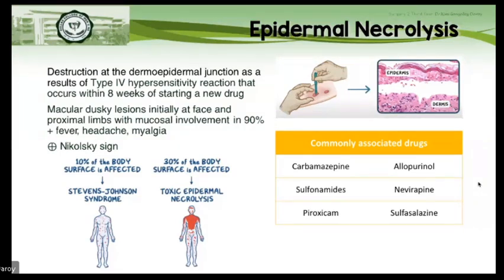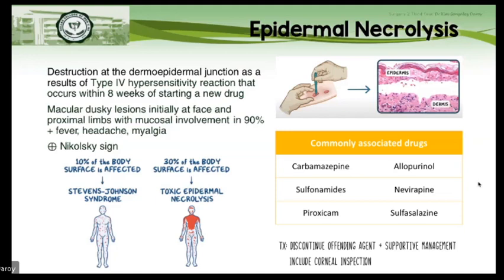The prognosis is generally related to the surface area affected, with complications secondary to cutaneous damage such as loss of hemodynamic stability from insensible water losses and third spacing. So your management includes discontinuation of your offending agent and supportive therapy such as maintenance of your euvolemia, early enteral feeding, reducing infection by surgical debridement, giving antibiotics, and using non-adherent dressings.